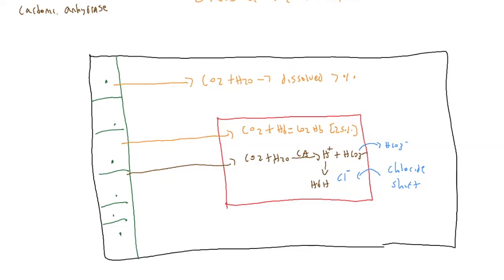So once again, about 7% of carbon dioxide is going to be dissolved in the plasma. About 25% is going to be bound to hemoglobin as carbaminohemoglobin, carried on the subunits. However, the remaining 70% we need to be a bit creative with, just because space is limited in the red blood cell. You are going to take carbon dioxide and water, and speed up the reaction with an enzyme called carbonic anhydrase.